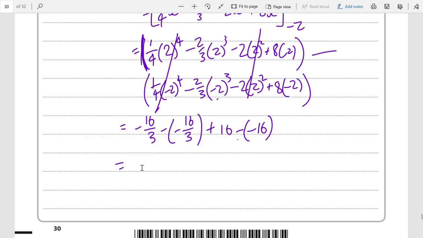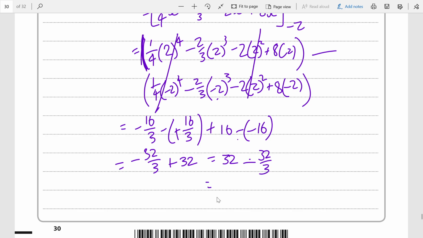And in fact, this is going to be minus positive 16 over 3, because minus 2 over 3 times minus 8 will be positive 16 over 3. So it's minus 32 over 3, plus 16 minus minus 16, so it's plus 32, or 32 minus 32 over 3 will be our area.